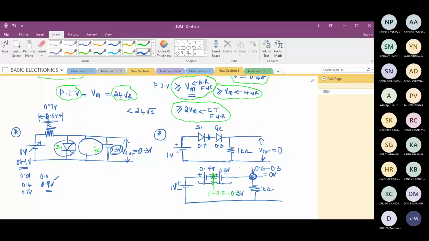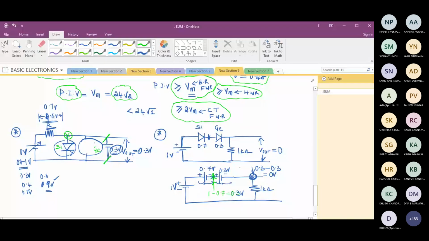Sir, I didn't get the silicon part. Why is it not working? The silicon diode is not going to conduct because of the potential. We know germanium is conducting, it is 0.3. So the voltage across these two terminals right now is 0.3.